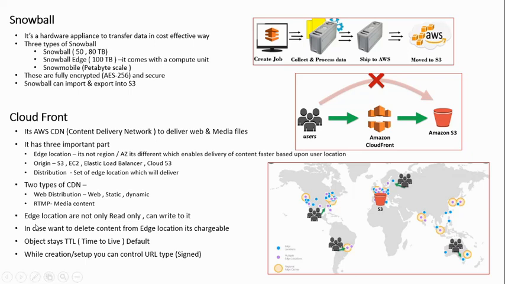We discussed these two points. Edge locations are not only read only, they can be written to also. So suppose the content comes from here to the edge location, users can even write into that.